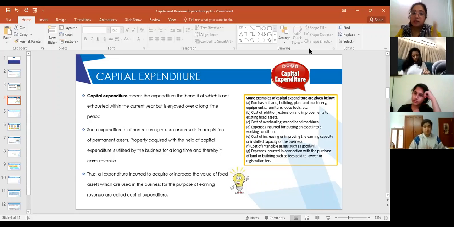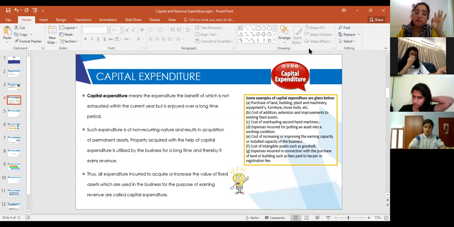Number two, such expenditure is of non-recurring nature. It cannot be repeated again and again. Third, it results in acquisition of permanent asset. And fourth, property acquired with the help of capital expenditure can be utilized by the business for a long period of time. All points clear?